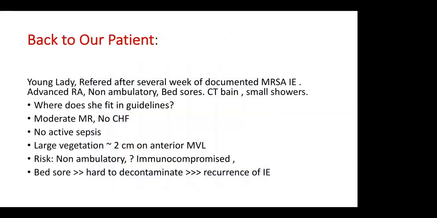So if there's no question, we can go back to our patient. Our patient is a young lady who was referred to us after several weeks of documented MRSA endocarditis.